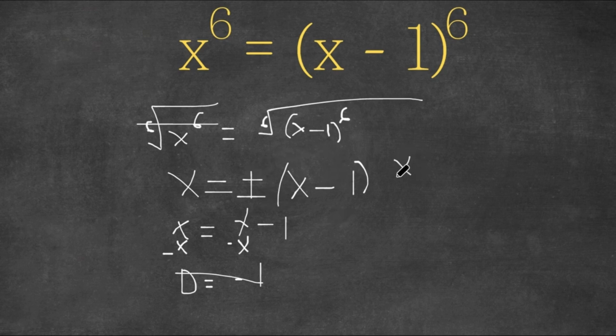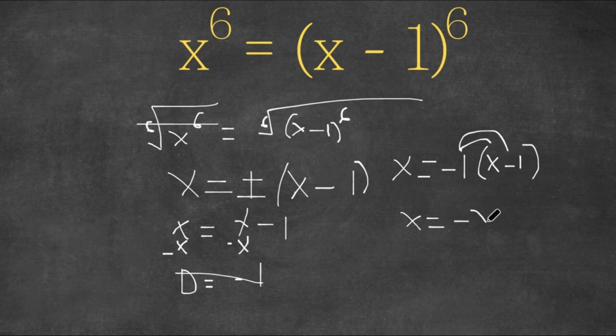Let's do x equals negative 1 times x minus 1, which is the same thing as negative x minus 1. So now we're going to have to distribute this negative 1. So we're going to multiply with x and negative 1. So this results in x equals negative 1 times x is negative x, and negative 1 times negative 1 is positive 1.